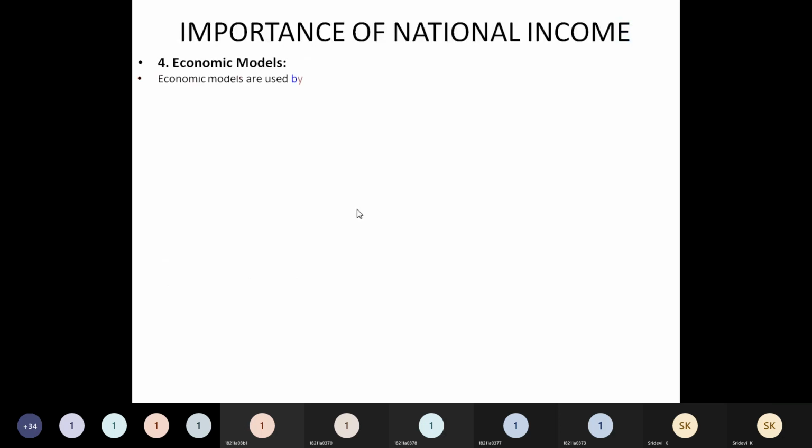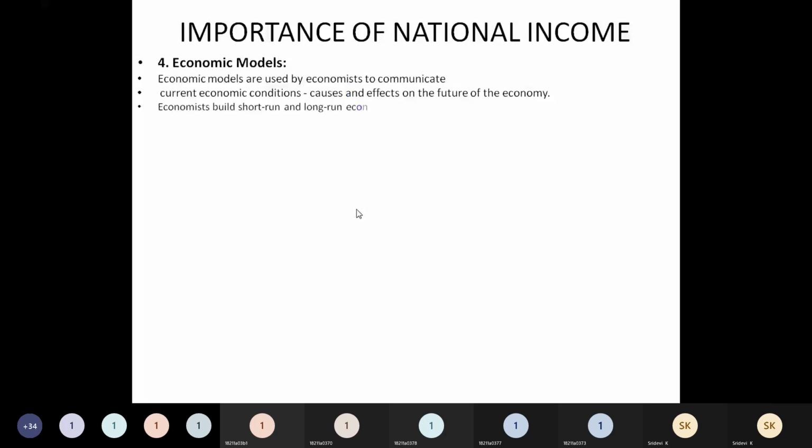And this is also helping you to create economic models. Economic models means in future what are the causes and effects of the economy that they are going to identify here. So this will be identified by the economists.